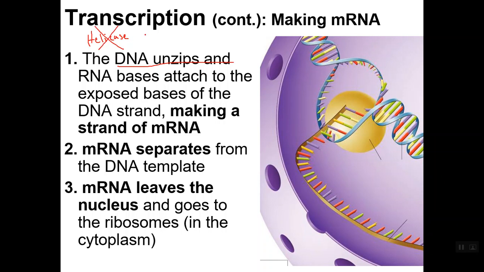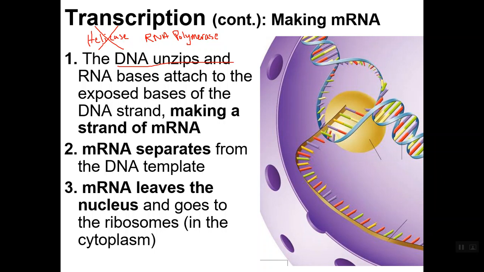Well, there's a new enzyme that does this. That enzyme is called RNA polymerase. It's a fitting name because we're making RNA now. So it's not DNA polymerase anymore, it's RNA polymerase. And it also doubles as helicase. It's that special.